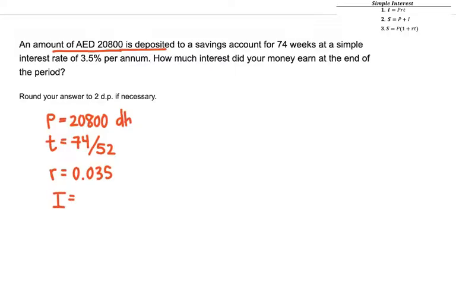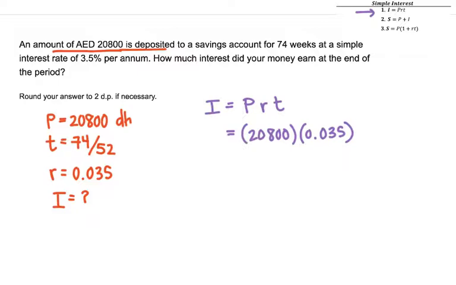They're not asking about future value. So we will use this first equation, interest equals PRT, and we will plug in the numbers, 20,800. The rate is 0.035, and the time is 74 divided by 52 weeks in a year. And we get a final answer that the interest earned was 1,036 dirhams.